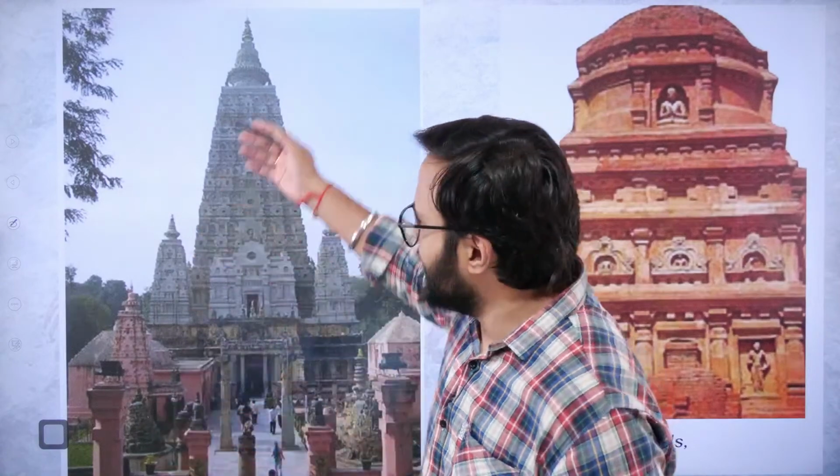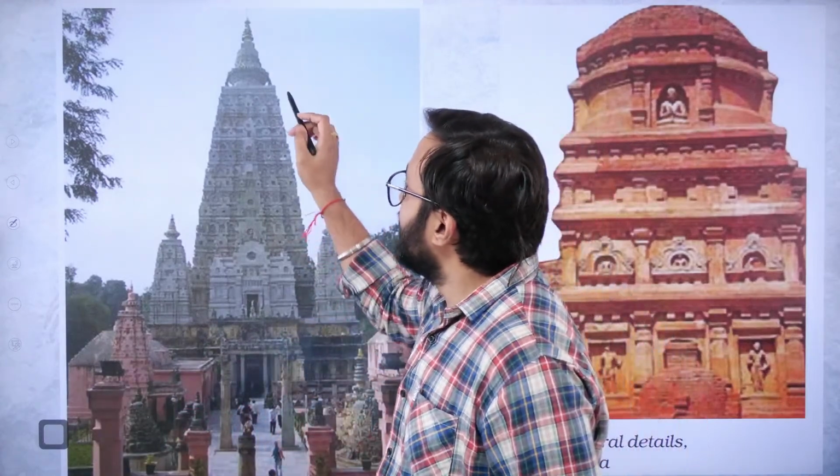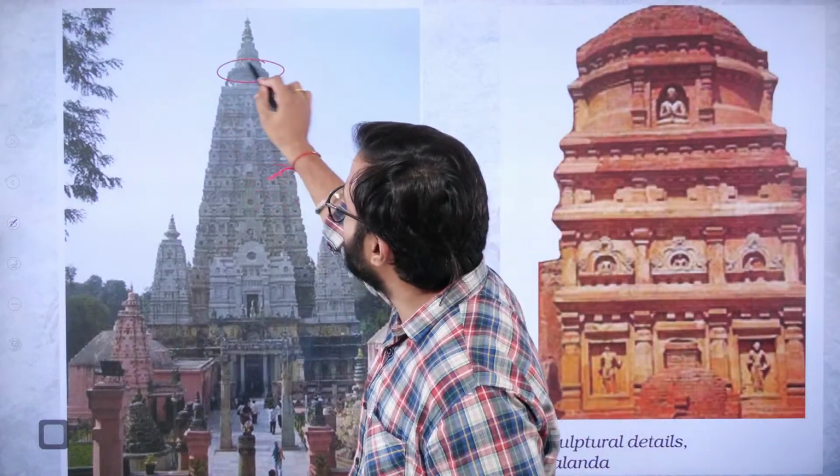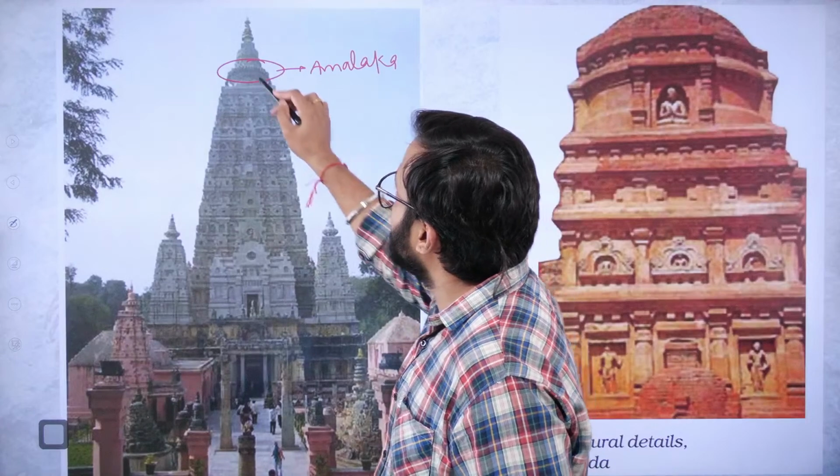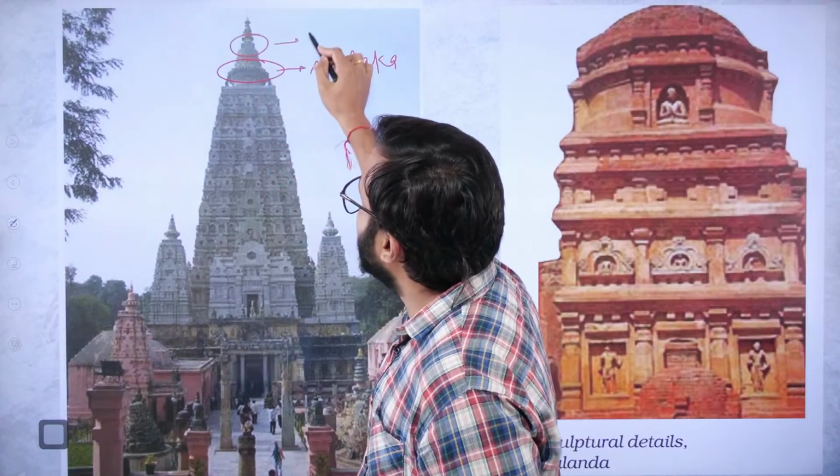However, the shape of the building visible here in the picture was restored during the colonial period. You can observe the presence of the Amalaka and the Kalash.